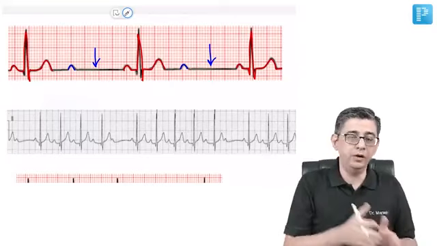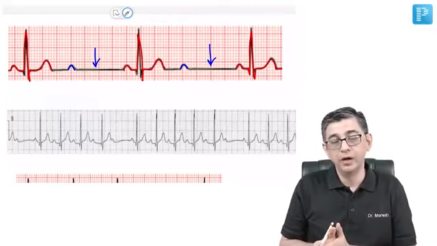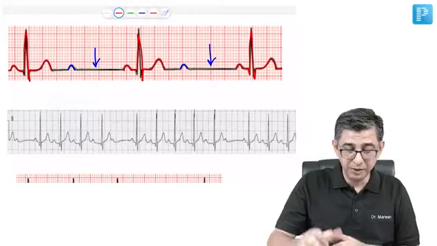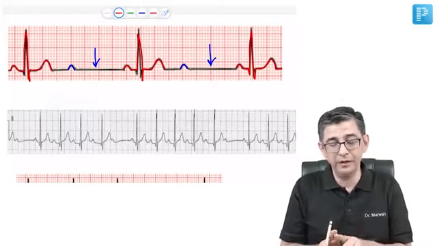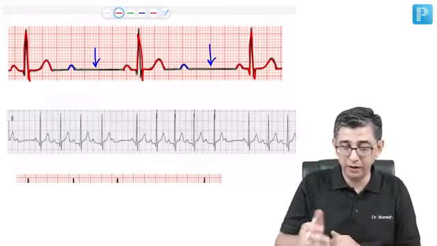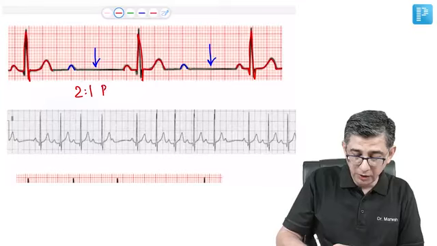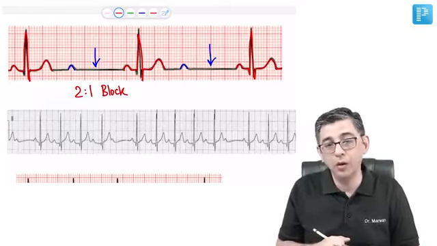You see, first atria contract, then ventricles contract. So a P wave is always followed by a QRS complex. In this case, the message is that for every one P wave which is getting conducted, there's another one which is not getting conducted. So this would be technically called a 2:1 block, and this could be easily confused with Mobitz 2 heart block. How?